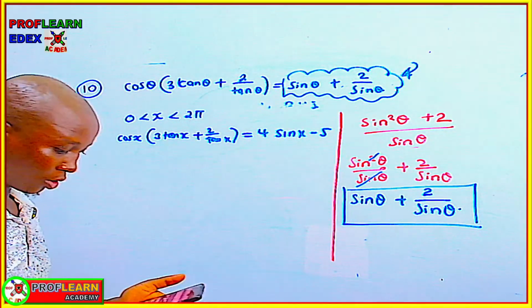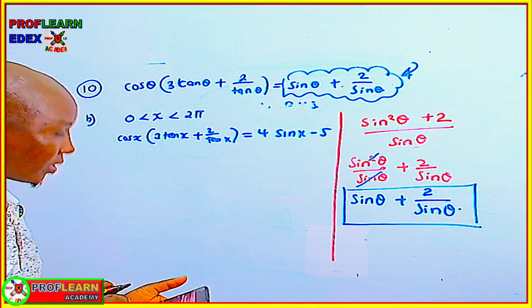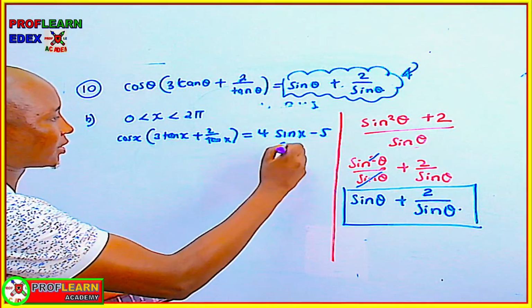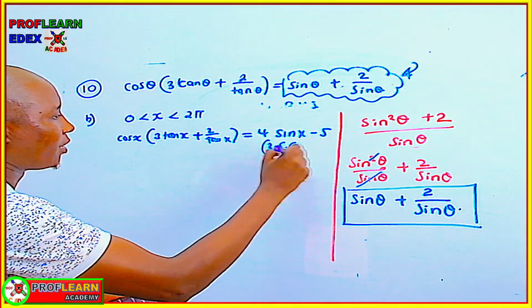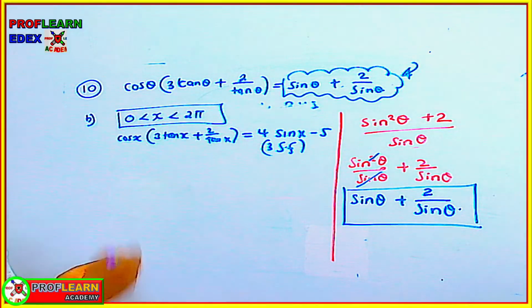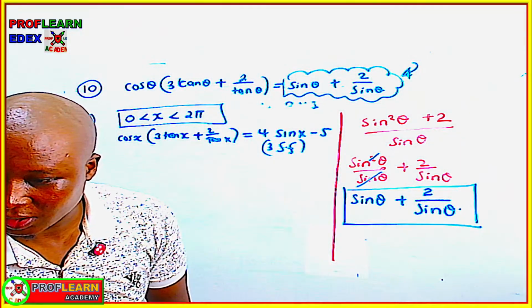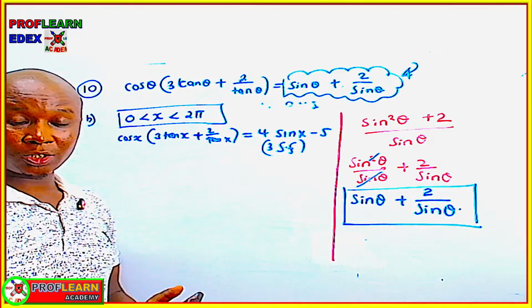That is what we are trying to solve here, giving your answer to 3 significant figures. So our answer should be 3 SF. Don't forget that. And this is in radians, so we ensure that we give our answer correct to the number of significant figures that you've been told.